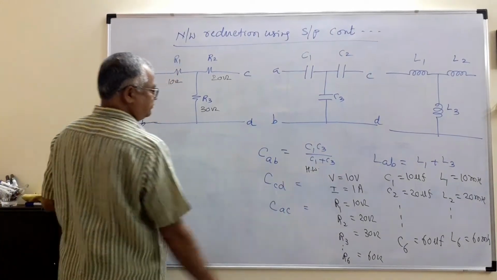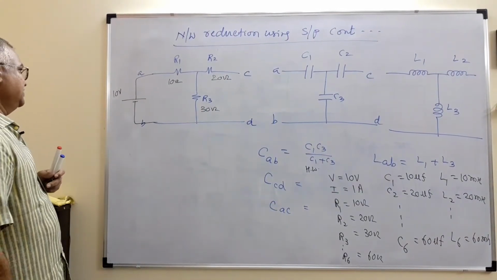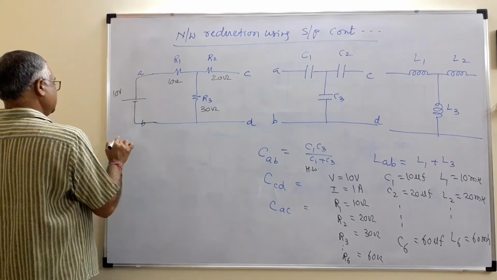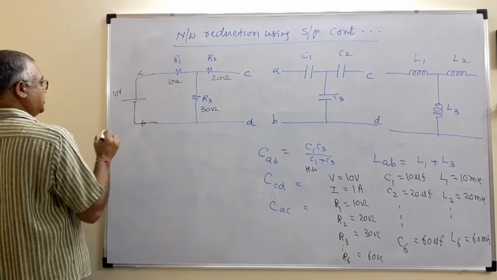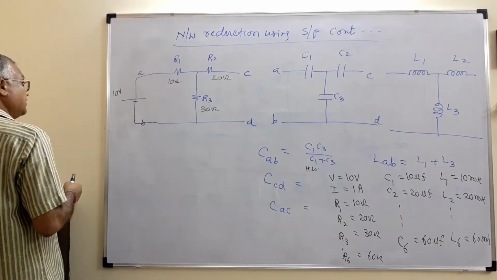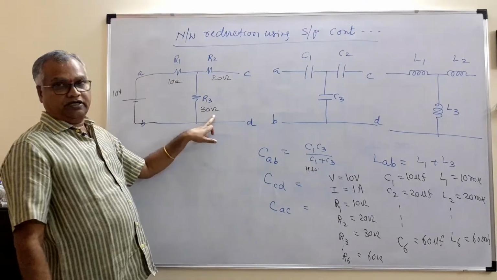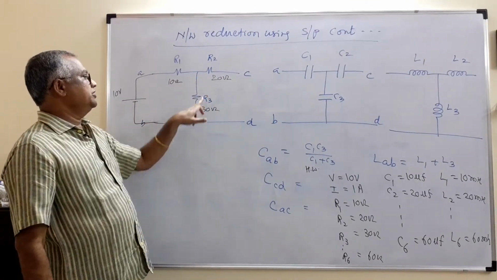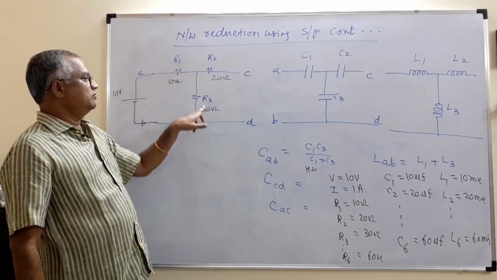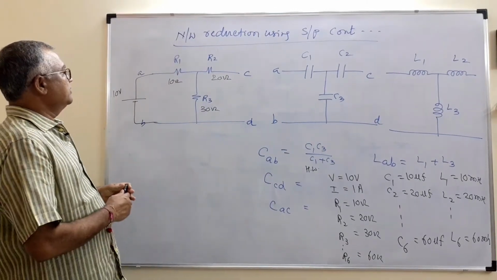Now we have to analyze this problem. What can the questions be? Find the current here, here and here. The voltage here, here and here. The power here, here and here. These are the possible questions.